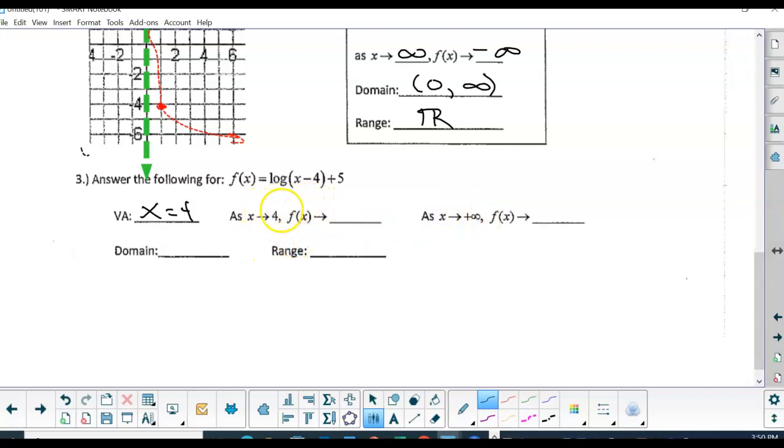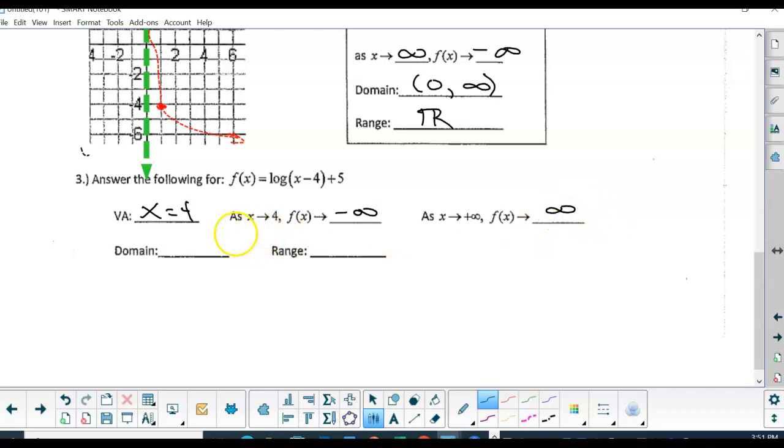As we approach 4, this one is positive, so it's going to go down to negative infinity. And as we go out to infinity, it's going to go to infinity.